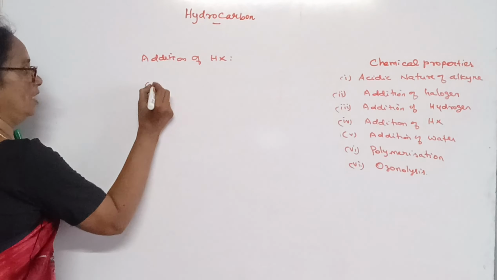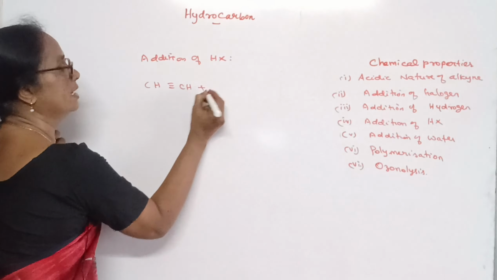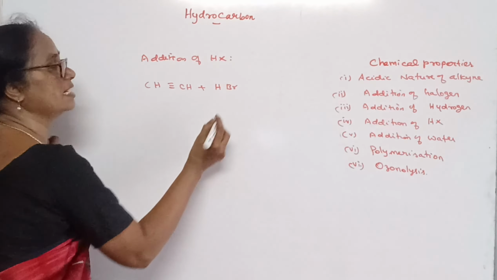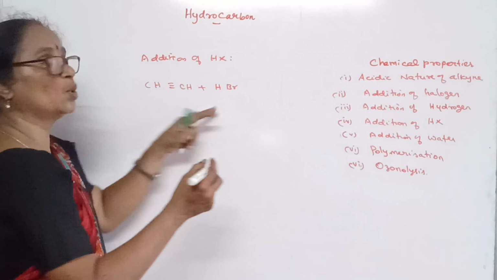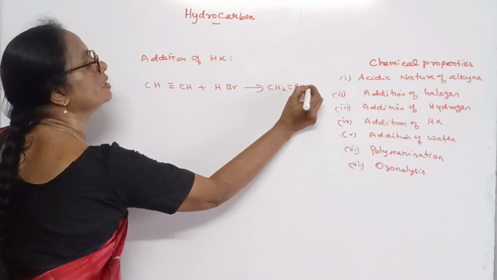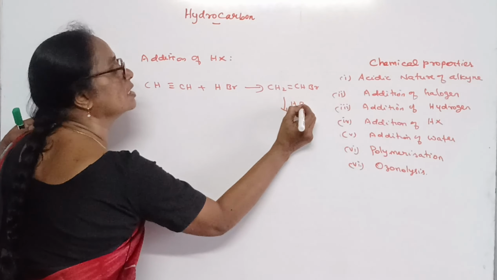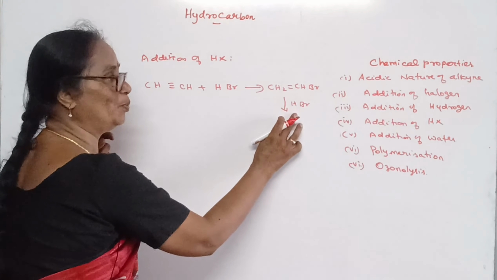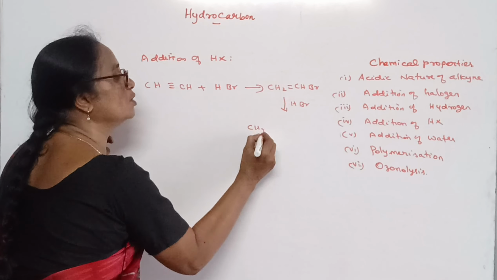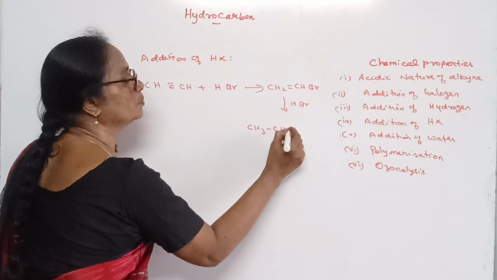So if we have a symmetric alkyne, say acetylene, it may undergo the addition reaction with hydrogen bromide. It gives rise to CH2 double bond CHBr. And further it undergoes the next addition step with HBr, where double bond is reduced to CH3CHBr2.